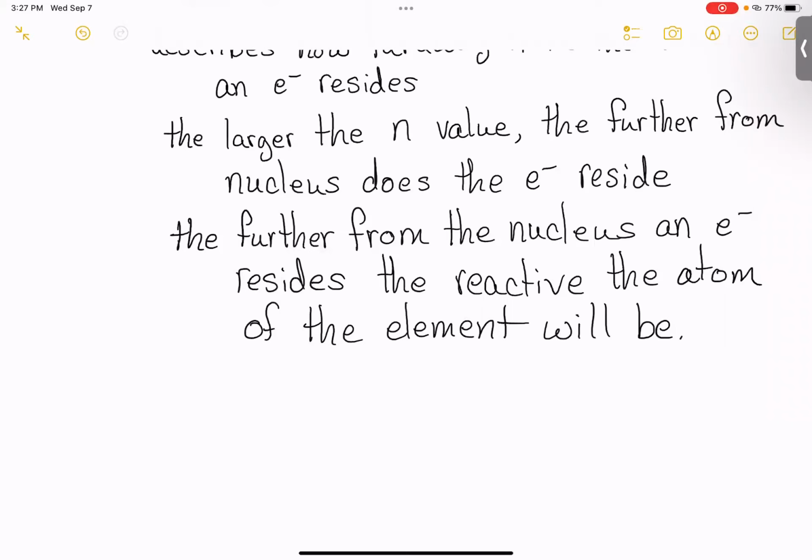Rubidium blew a hole in the tub, and cesium blew the tub into pieces. That's because as we went down that group, the outermost electron was getting further and further away from the nucleus. And so it was more reactive.